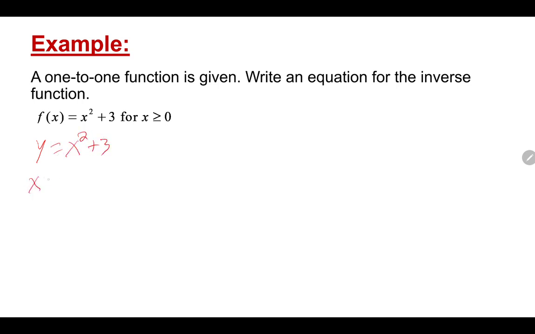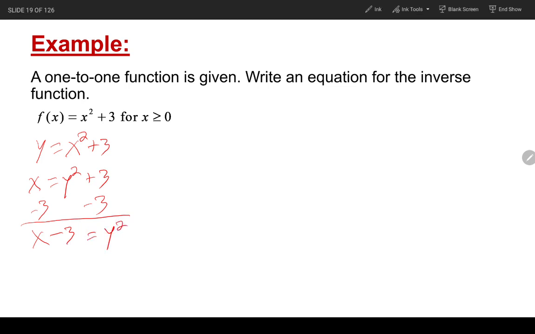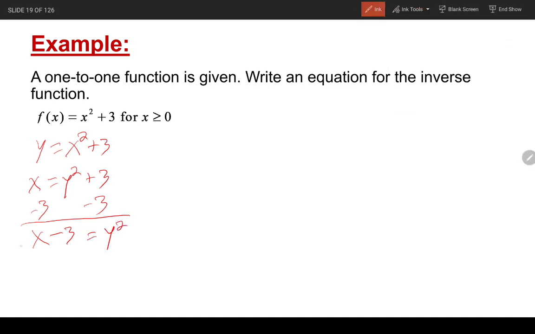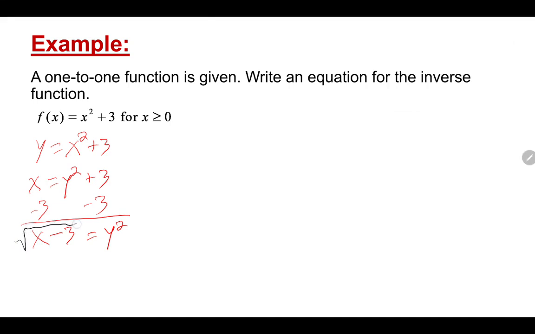We replace them, so it's x equals y squared plus 3. We're going to subtract 3 from both sides. x minus 3 is equal to y squared. The way to undo that is to square root it, which normally would be a problem for us, but when we square root this, we do not get a plus or minus, and that's because we're told this.